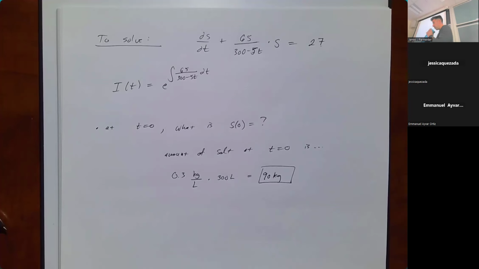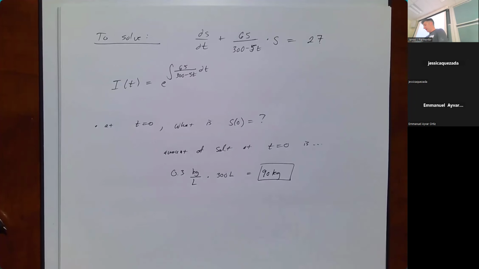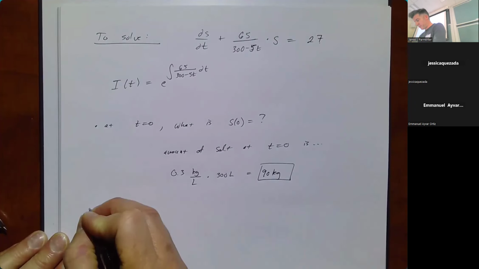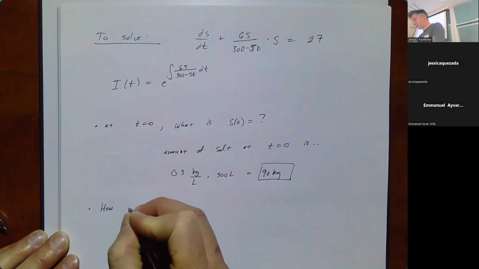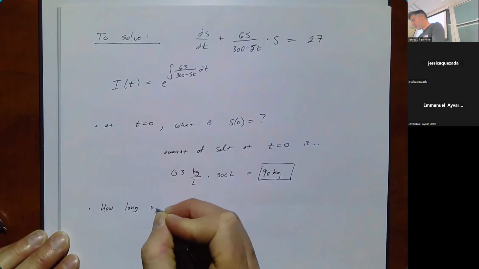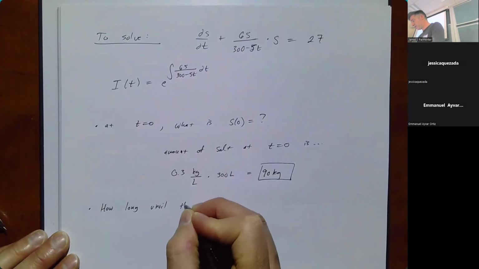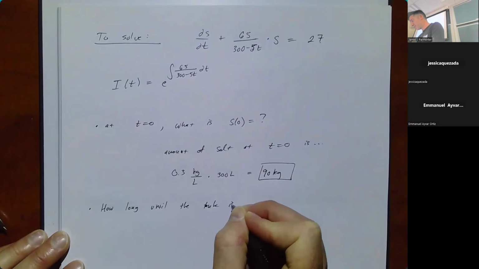This is pretty generally true: when you're talking about these problems, you're always talking about the amount of stuff that you have in the tank, not the concentration of that stuff. The only other question I could see asking here, without actually solving it, would be how long this process continues, or in other words, how long until the tank is empty?